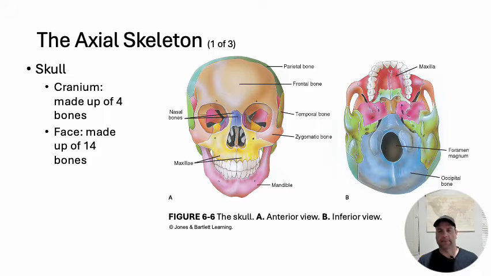One especially important anatomical feature is the foramen magnum. Again, this is located at the base of the occiput. It's a large opening that allows the brainstem to exit the skull and connect with the spinal cord.